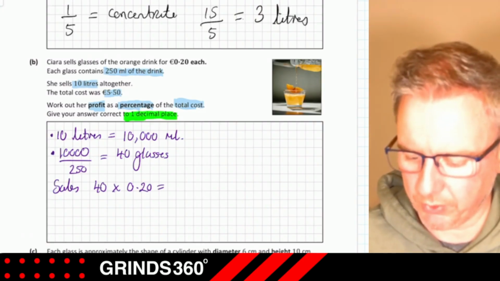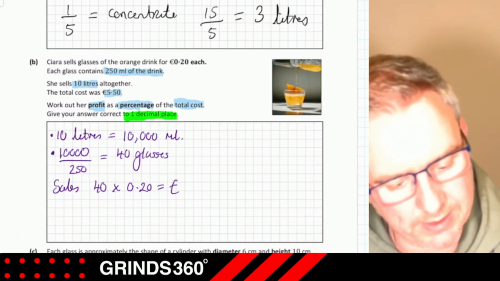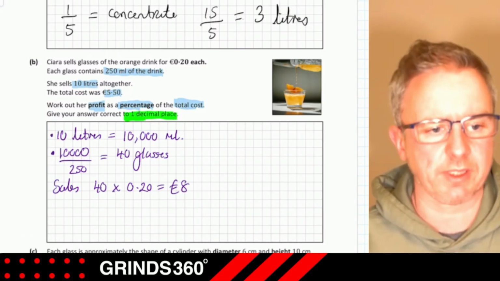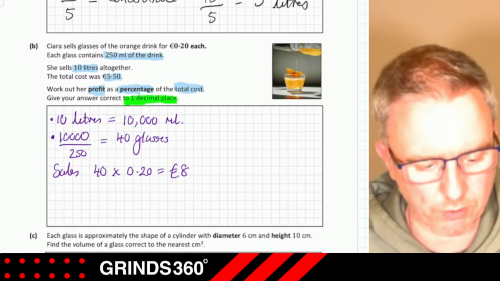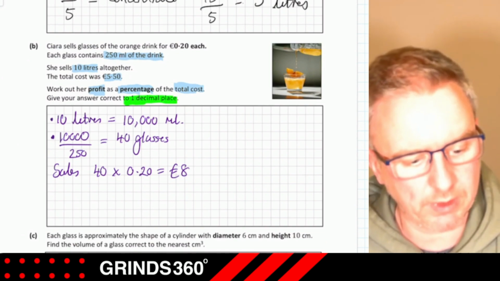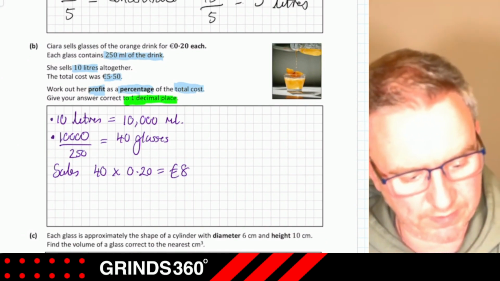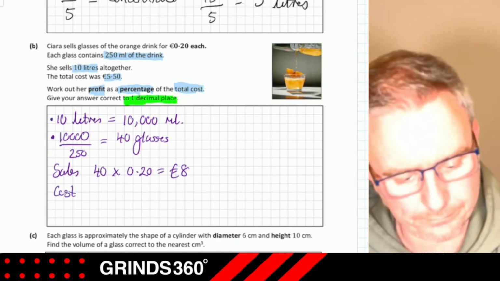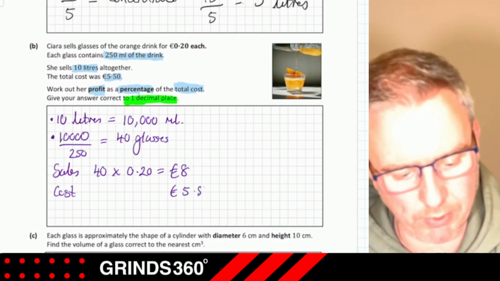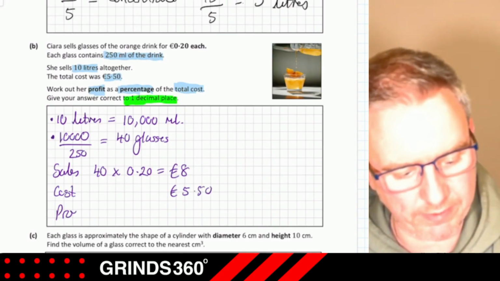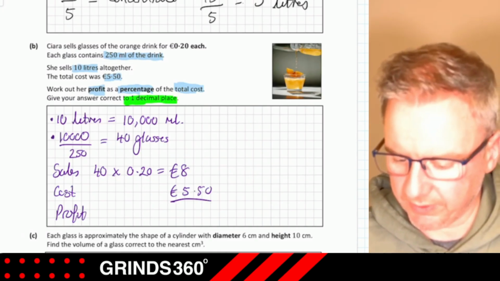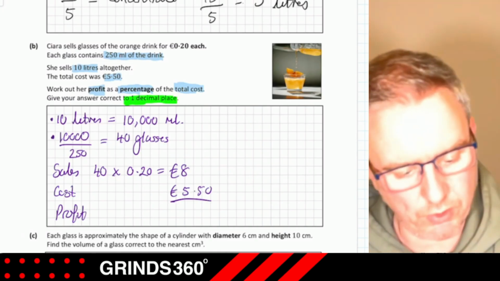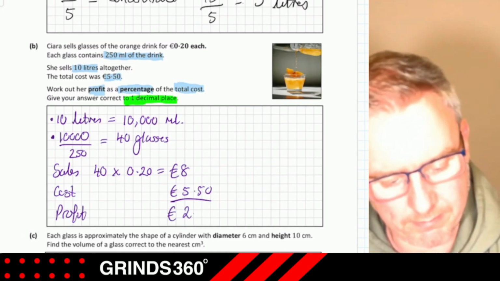So 40 by her 0.2, and again, you'll see me going for the calculator there. Do not do those in your head, okay? Because when you're under pressure, you could write down anything there. So €8. Now, the total cost was €5.50. So I'm going to put that in directly below it, and I'm going to get my profit figure here. So your profit then, your 8 minus your 5.50, okay? So coming in €2.50 profit there.